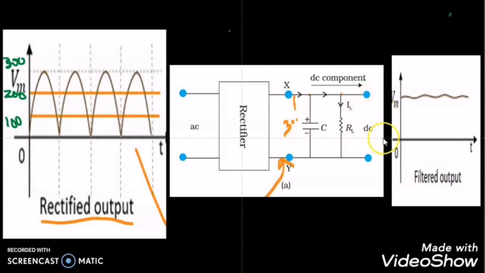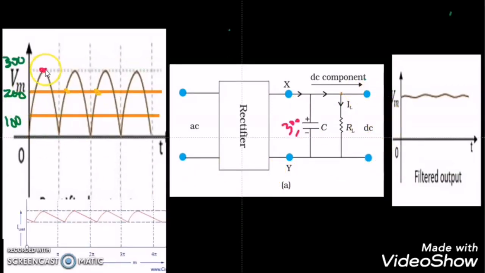Of course the load also has the same voltage of 300. As the supply voltage reaches its peak value, the capacitor gets charged to 300 volt. But now the supply voltage will decrease from its peak value, from 300 to a lower value, but the capacitor is fully charged and has a voltage of 300.